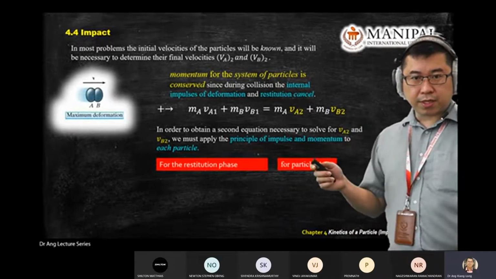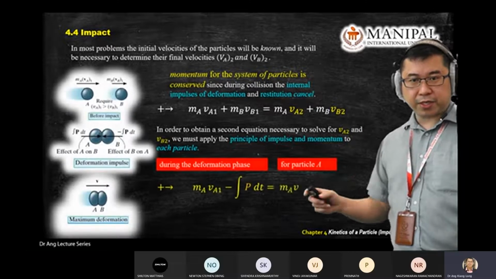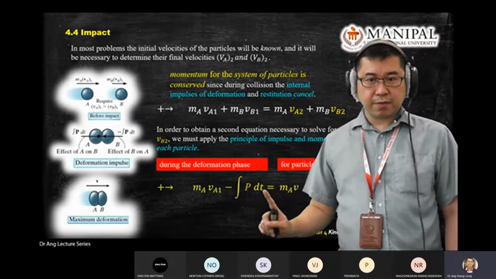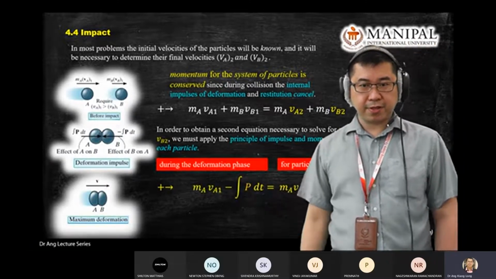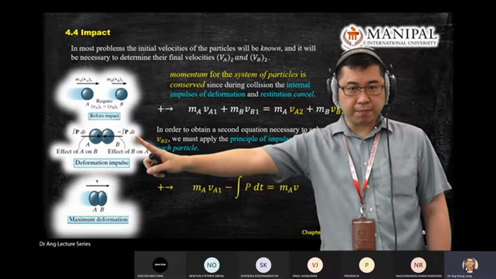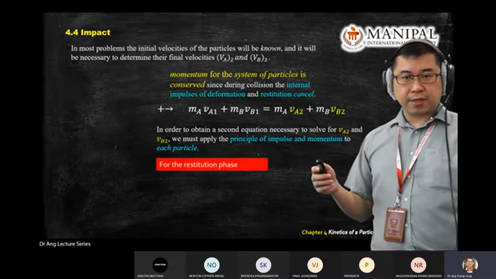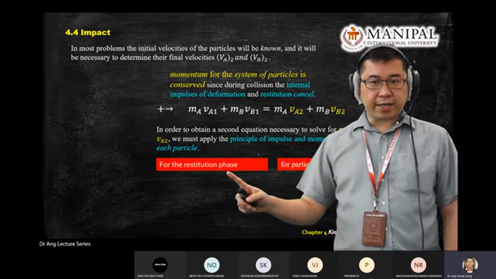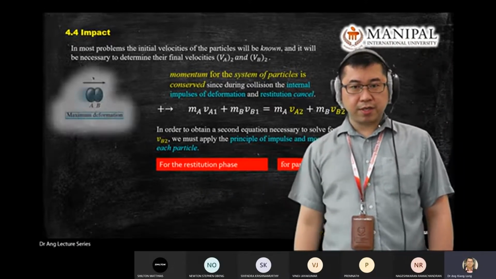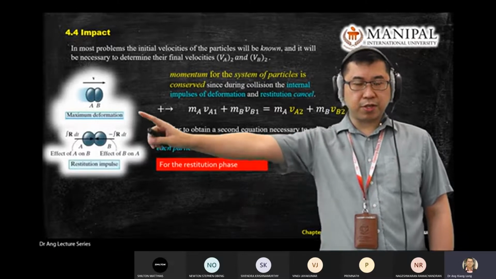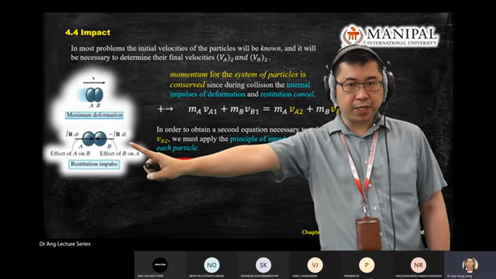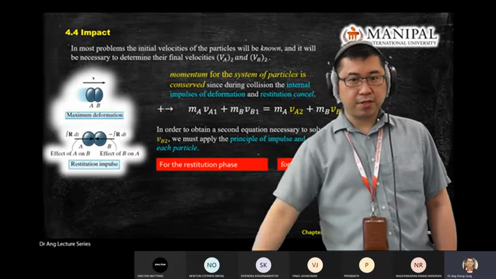Just now was deformation, with the P impulse, before deformation, with the impulse of the P force there. What happened for A at the restitution phase? Restitution is after maximum deformation, with the symbol R force.